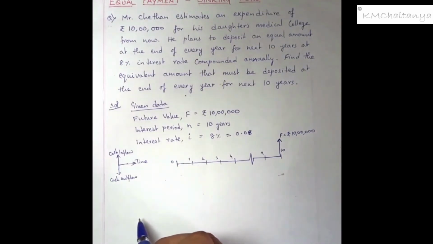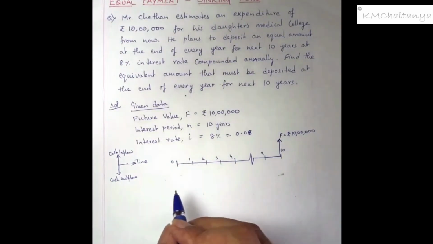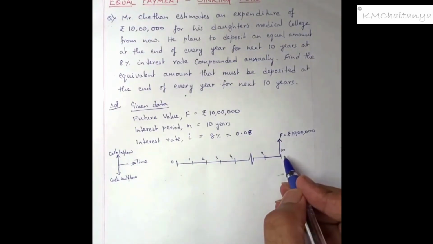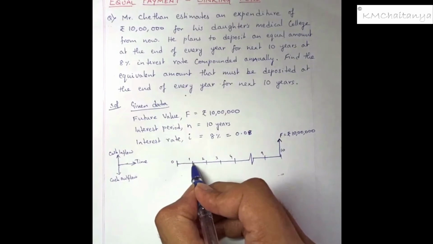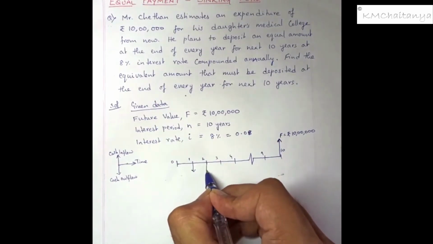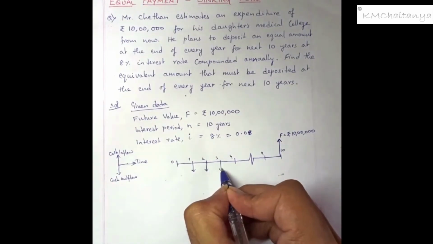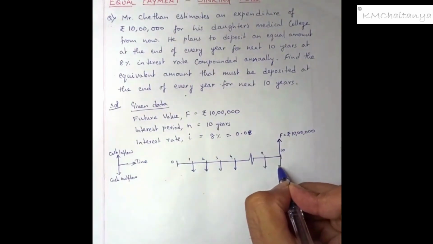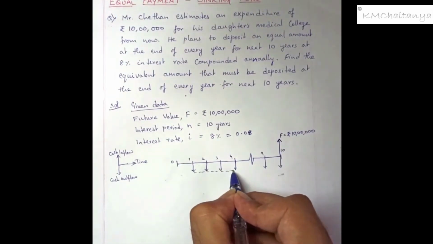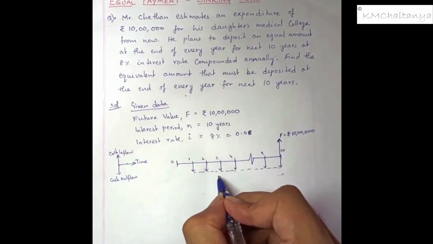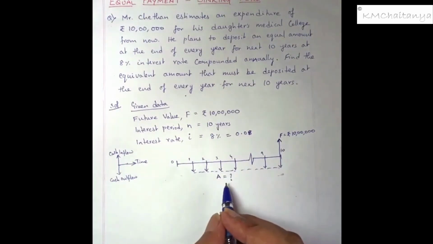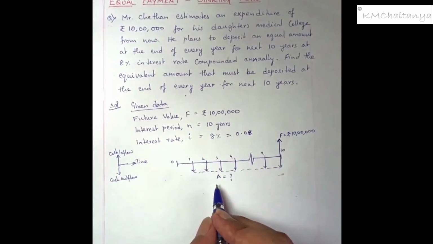Now we are supposed to determine how much he needs to invest every year so that he is going to get 10 lakh rupees at the end of 10 years. So we have to determine what is this fixed amount he needs to deposit. So this is the annuity which we are supposed to determine for this particular problem.